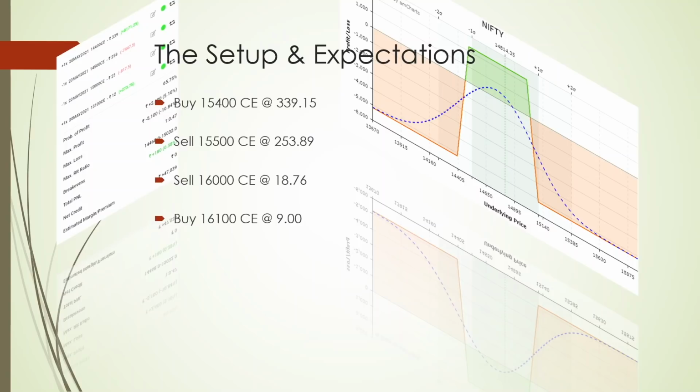Okay, and even the bull call spread, if you see, the debit is quite high, because 339 is what we paid out and we collected only 253. Okay, then if you see the difference, it is much less than 20. So here also we paid a lot of premium, and then we collected around 9.76 only on the bear call spread.